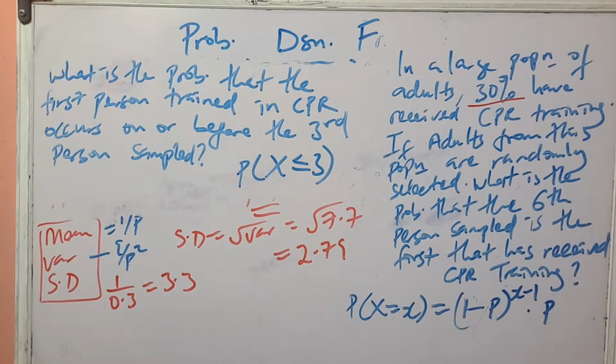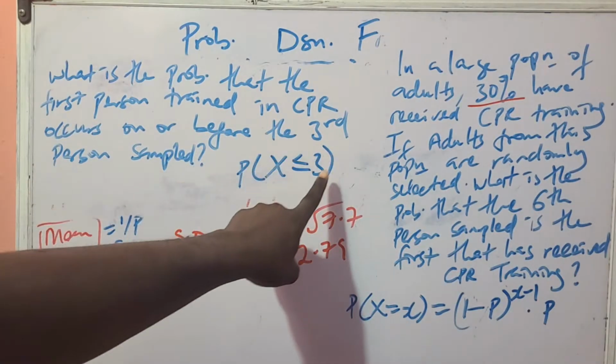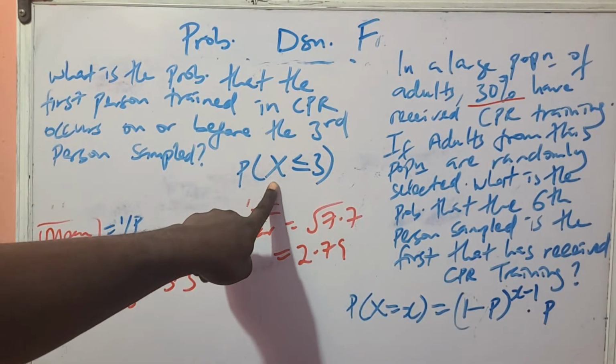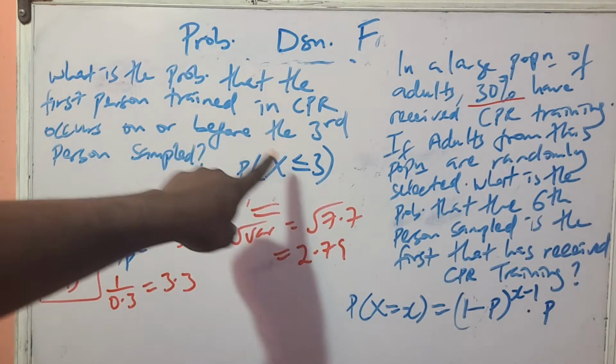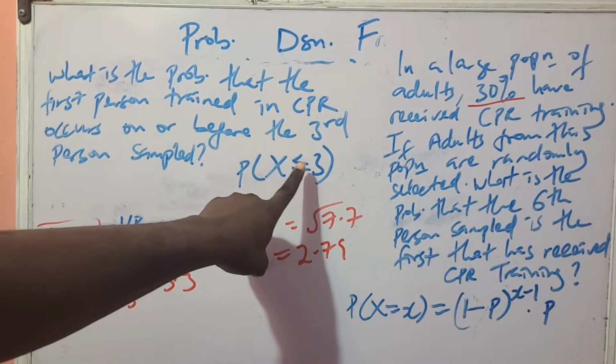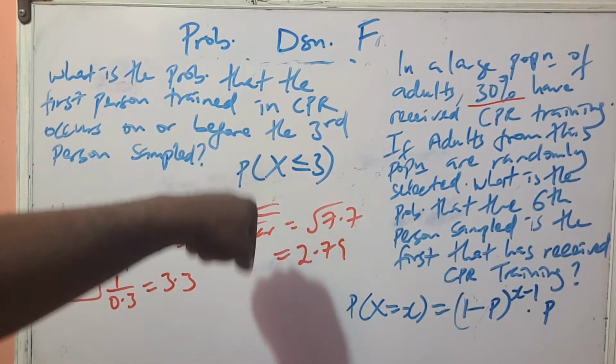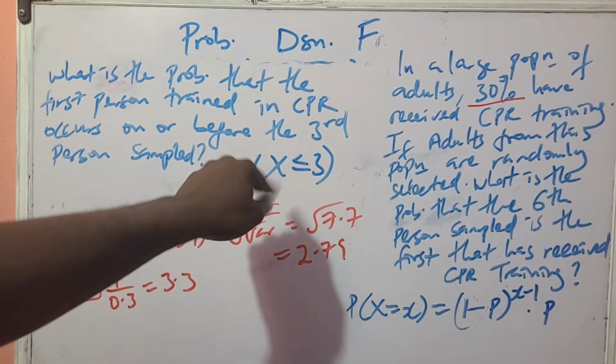On or before. It can be on the third trial. That means the number of trials needed to get your first success could be on the third trial, or it could be before the third trial. That will be the second trial. It could be on the first trial. Don't forget there is no 0 trial here. It's not possible for you to have 0 trial.